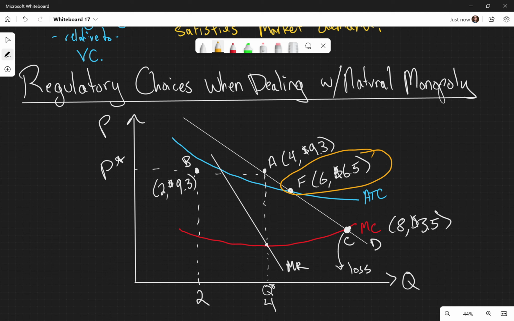This is our winner in terms of the best outcome for consumers. So rather than just splitting it up in half, or rather than them pricing it at their marginal cost, we would have them price it where their average cost is so that they get 0 economic profit, but they can actually survive. All right, the rest of this chapter is just definitions, so please go through and read through them.